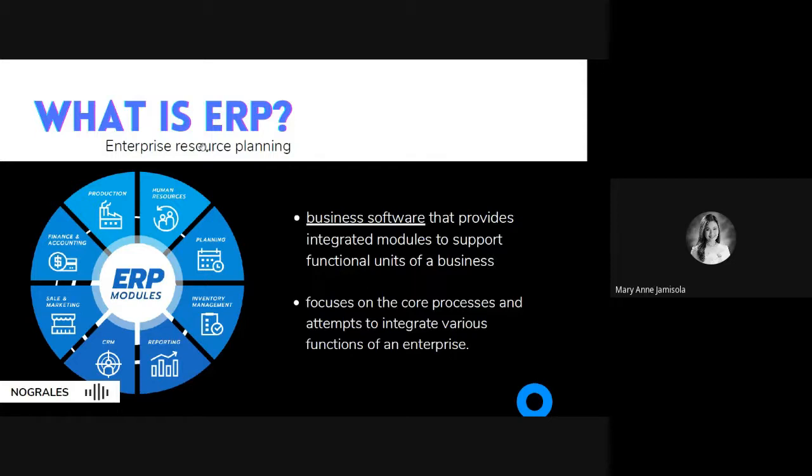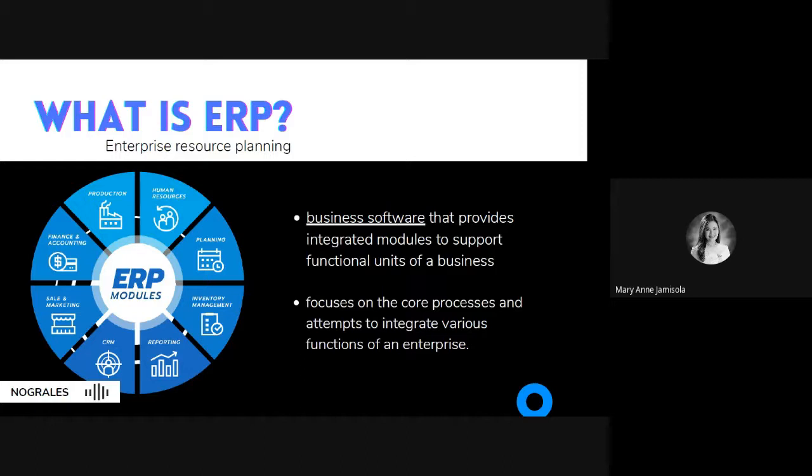Next we have ERP, or Enterprise Resource Planning. ERP means the techniques and concepts of integrated management of business as a whole. Business as a whole. So, not just a particular aspect of a business, but business as a whole.